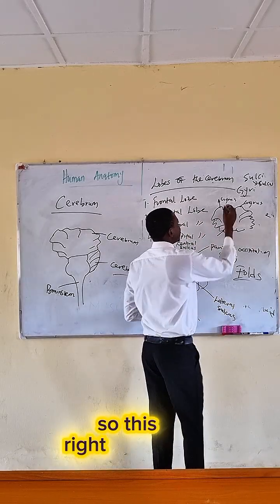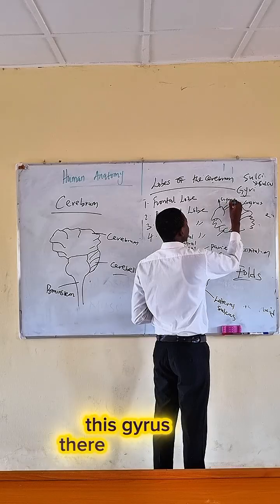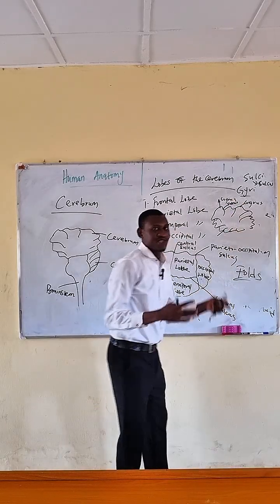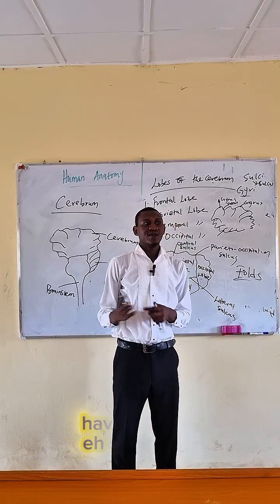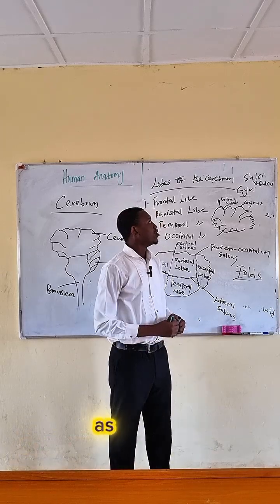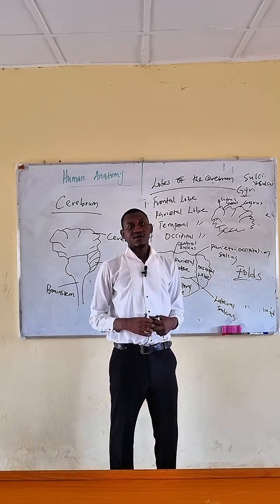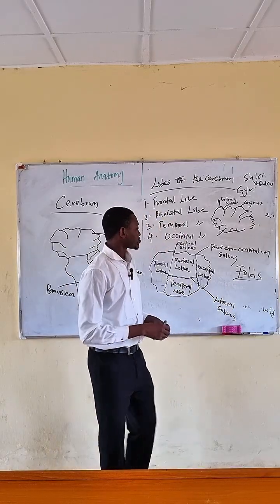So right here, between this gyrus and this gyrus, there is a sulcus. So in between gyri, we have spaces, shallow grooves, known as sulcus. The plural term for sulcus is sulci.